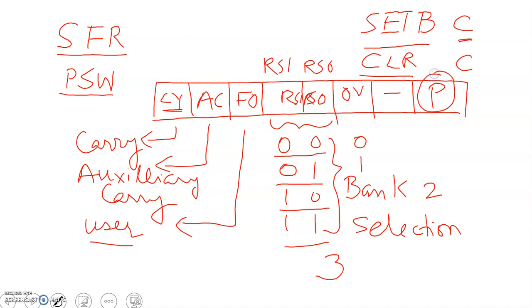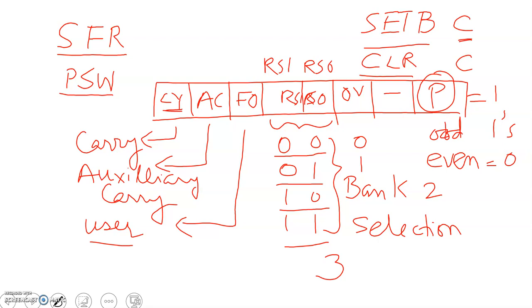Come to the parity flag. This basically tells about the number of ones in the accumulator. If the number of ones in the accumulator is odd, then P is equal to 1, and if it is even, then it is equal to 0.